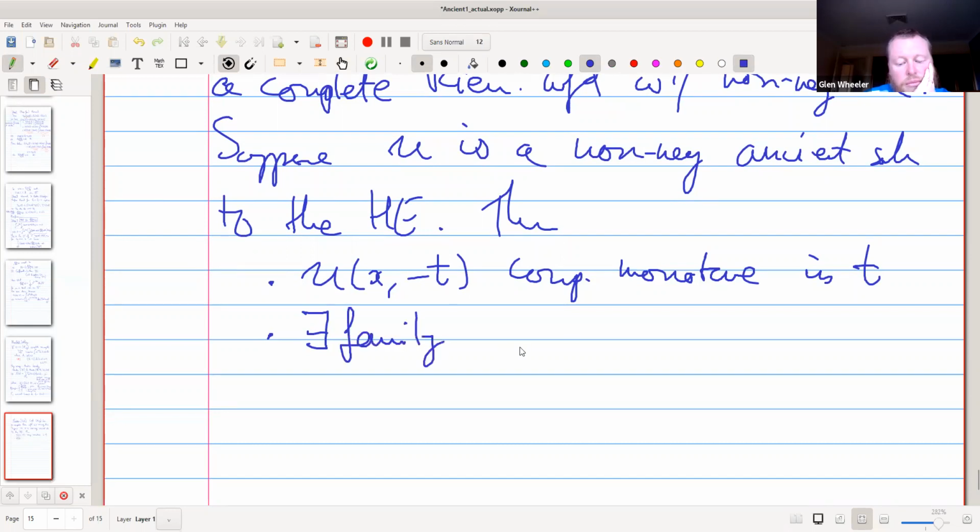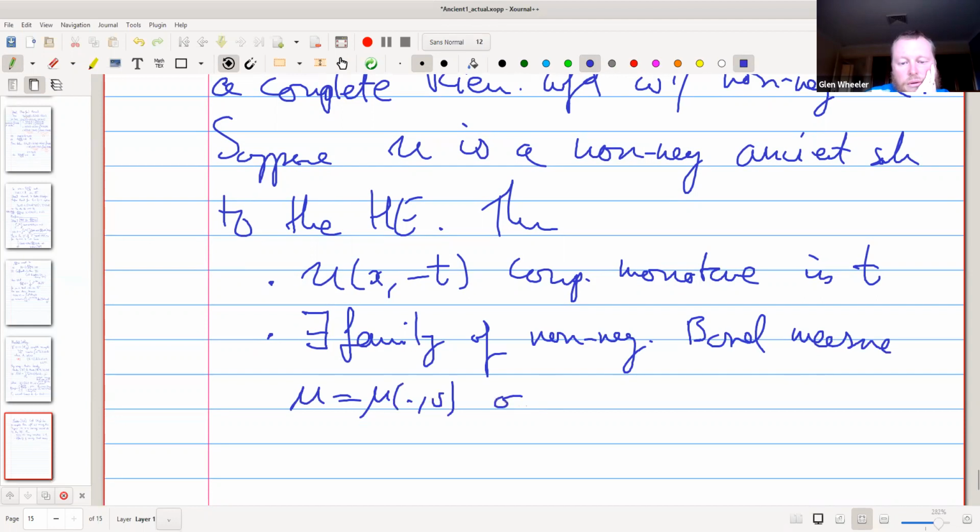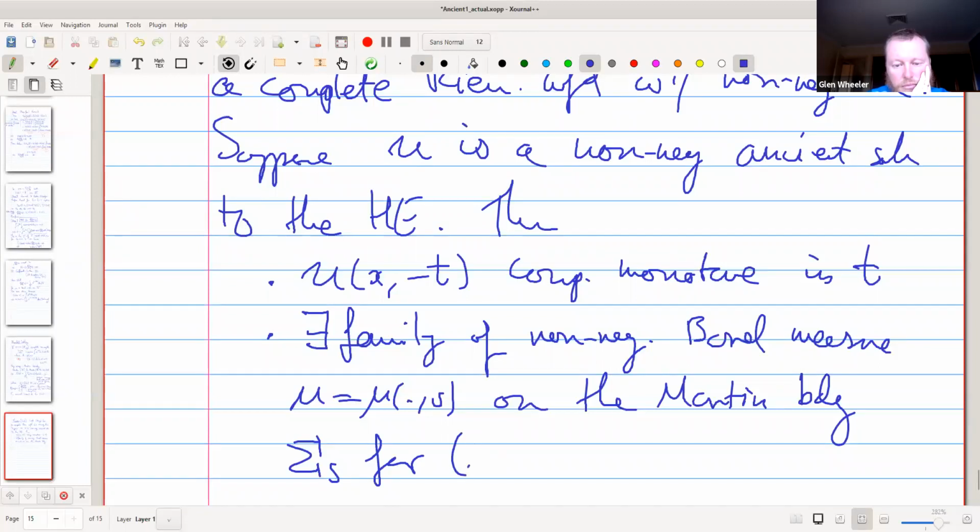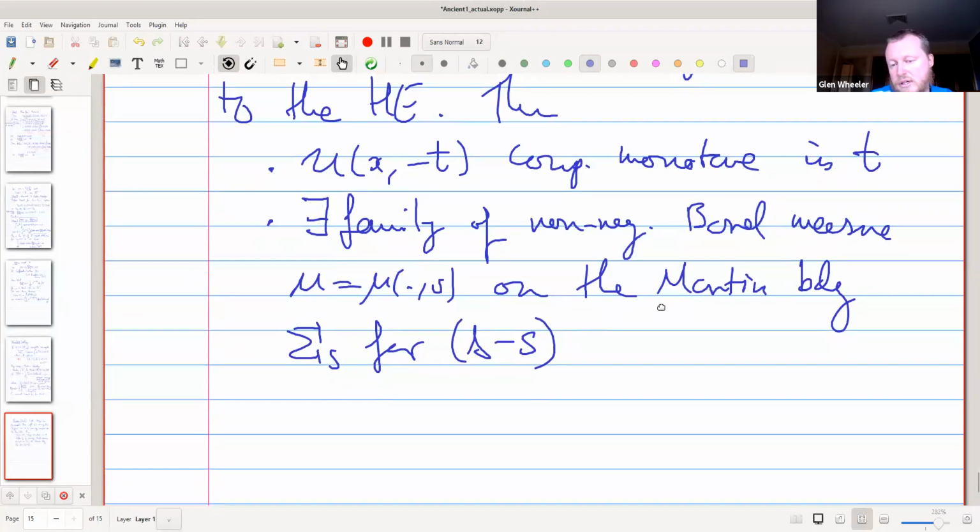Okay. So a family of non-negative Borel measures mu on the Martin boundary, these are sigma s, okay, this is the Martin boundary for, because the Martin boundary is defined with respect to a differential operator. And so this should be interpreted as like one object, the Martin boundary for this operator.